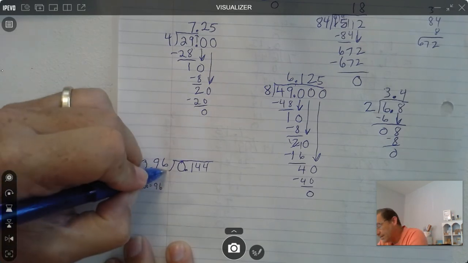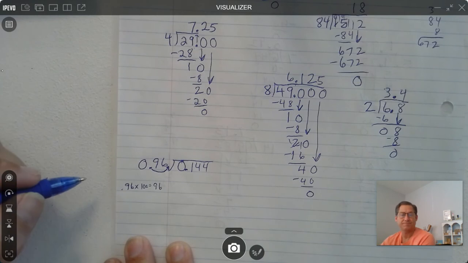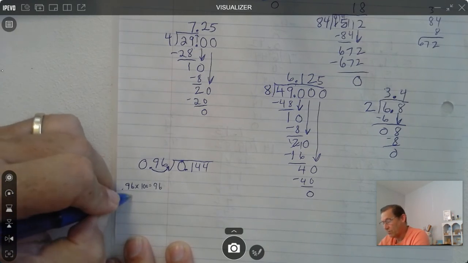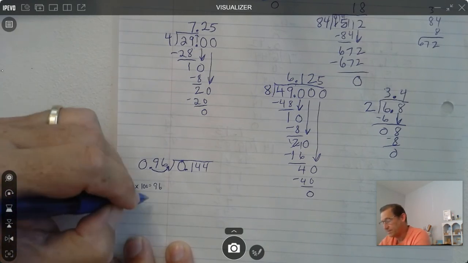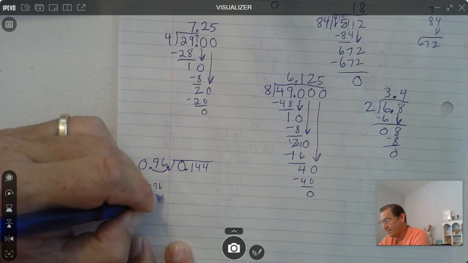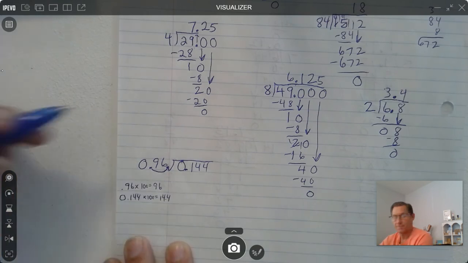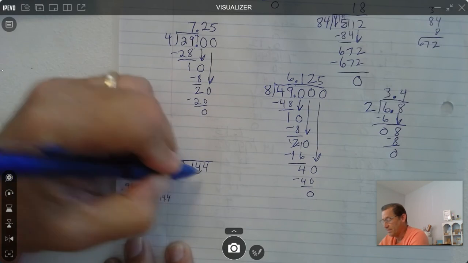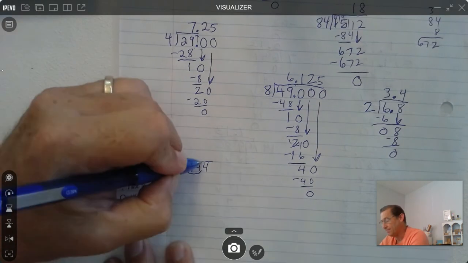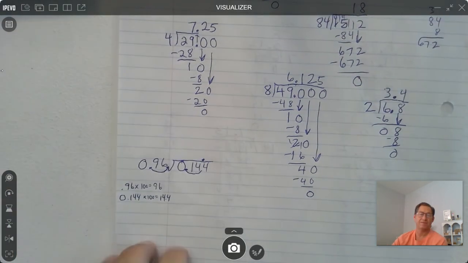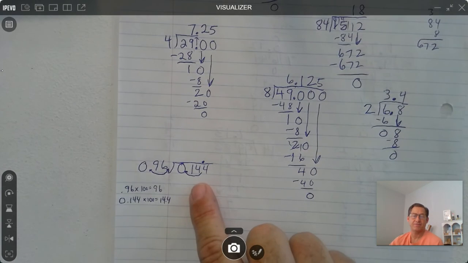So I'm going to move the decimal point 2 places to the right. If I multiply 144 thousandths by 100, I get 14.4, which means I move the decimal point 2 places to the right. Okay, well, 96 cannot be taken from 14.